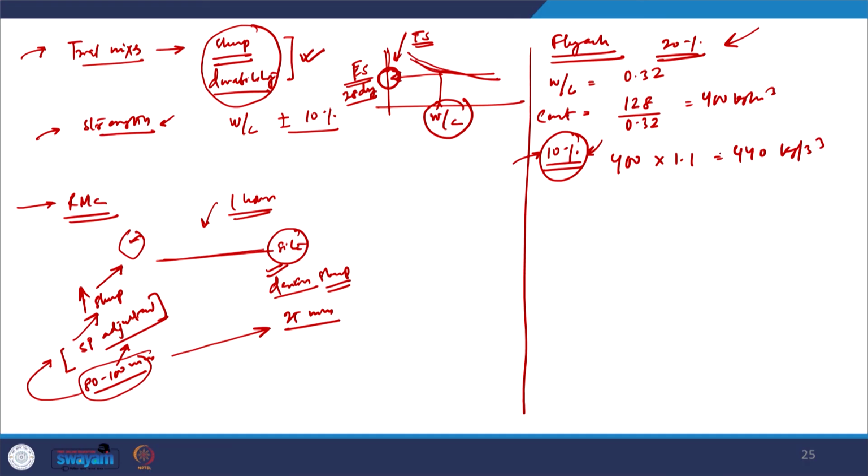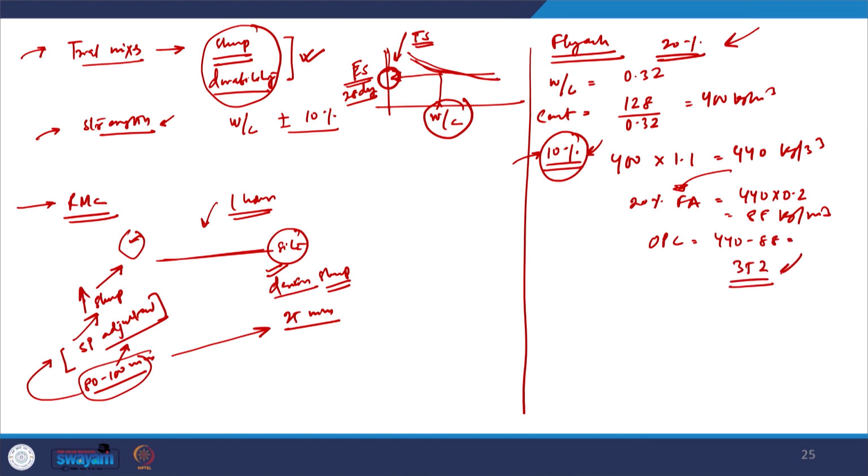In this 440 kgs per meter cube, 20% is fly ash. So, 20% is fly ash. So, that becomes equal to 440 into 0.2, which is equal to 88 kgs per meter cube, and the remaining is OPC. So, OPC becomes equal to 440 minus 88, this is 352.